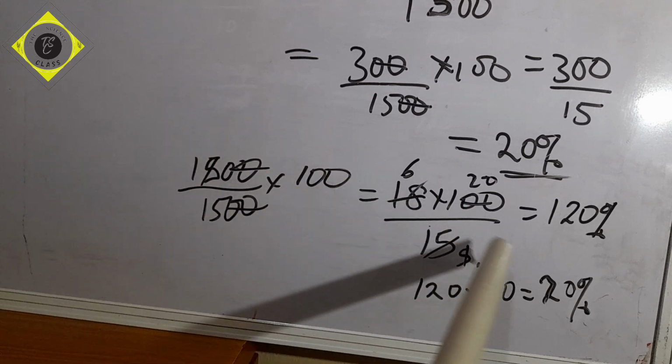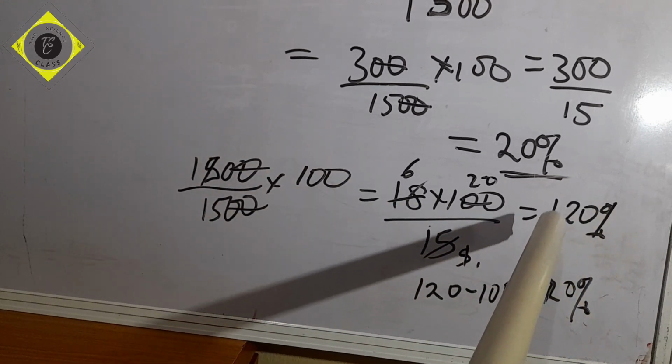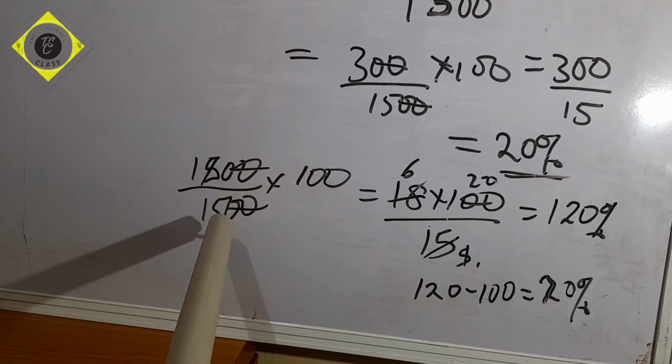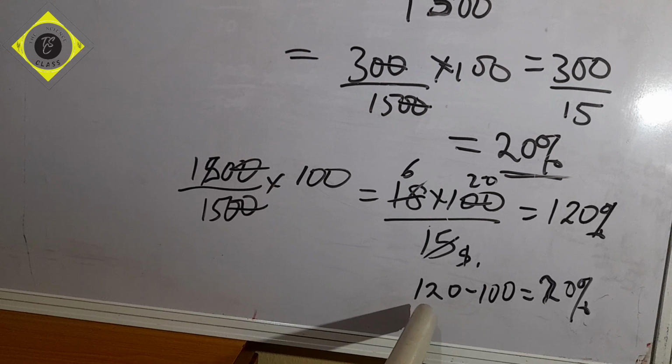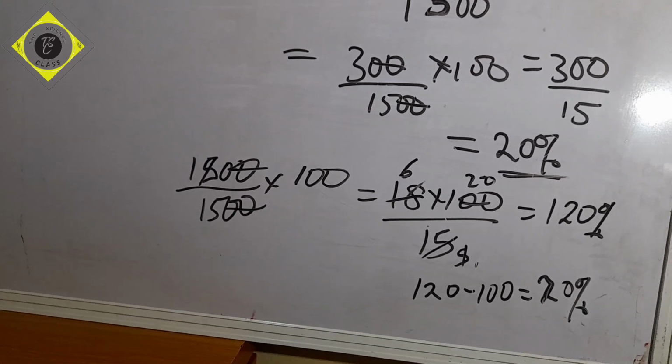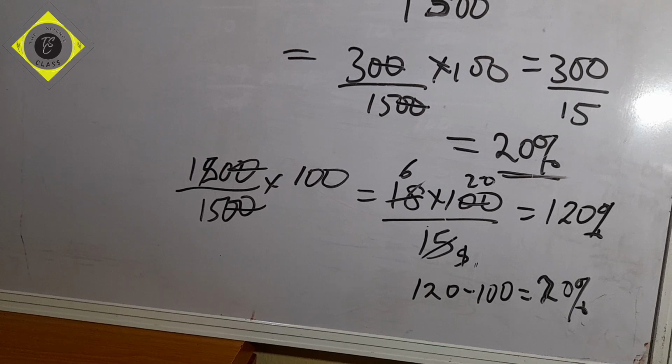But when you see 120% of a number, or over 100% of that number, that means that number is actually bigger than the number we're talking about. So in this case, we can still do it this way and get our answer. Can you see, 120 minus 100% of that initial number gives us 20% back. In our last example, this is going to be explained better.